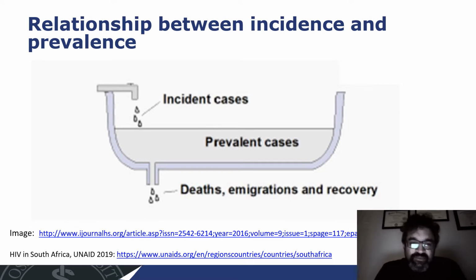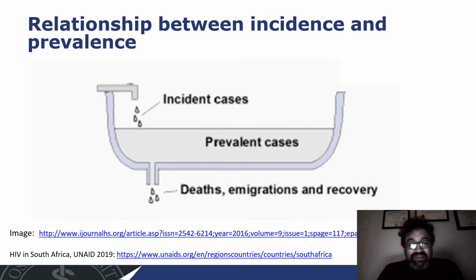So in this slide, we're looking at the relationship between incidence and prevalence. And again, this is the bathtub scenario where the incident cases are like the water dripping from the faucet. The incident cases are the new cases, the water dropping from the faucet.